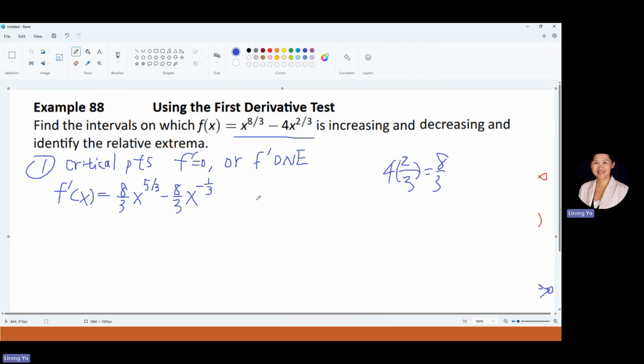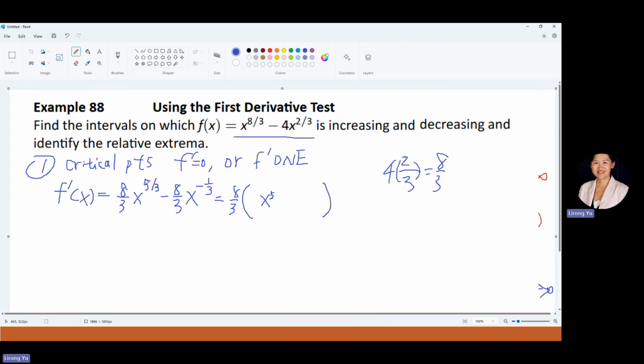That's what we have. After we find the derivative, we have to write it back to the original meaning in order to solve. I think it has an undefined point, because if you write it, I'm factoring the 8/3 out. This is x to the power 5.